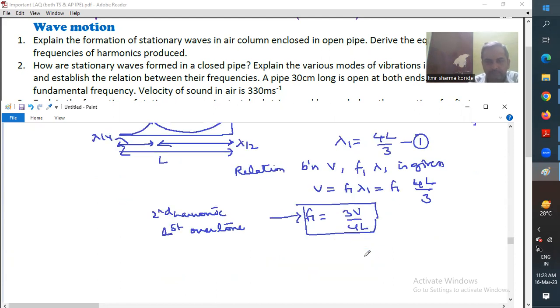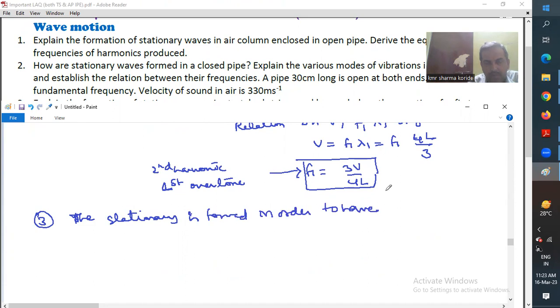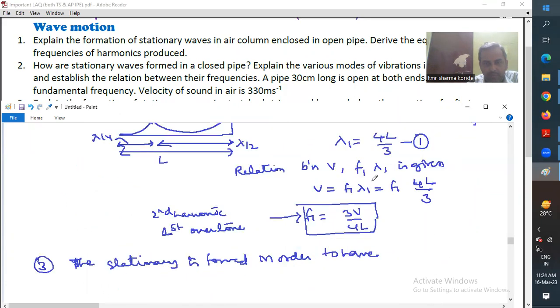Next, the third case. The stationary wave is formed with three antinodes and three nodes.